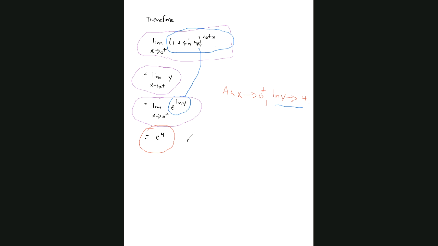But we know as x approaches 0 from the right, the log of y approaches 4. So that means as x approaches 0 from the right, e to the log of y would have to approach e to the fourth power.